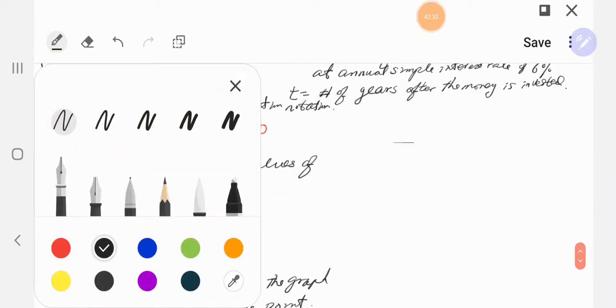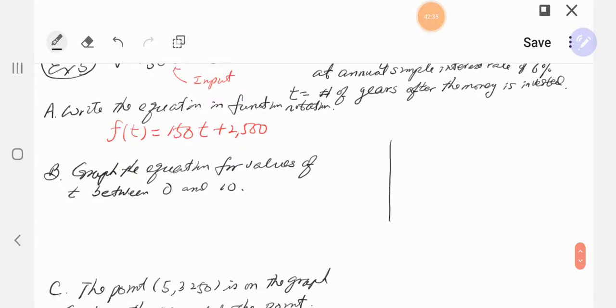I'm going to draw starting from 0. This is t, time in years. And then the y value, this is the v value, the value in dollars, starting from 0.